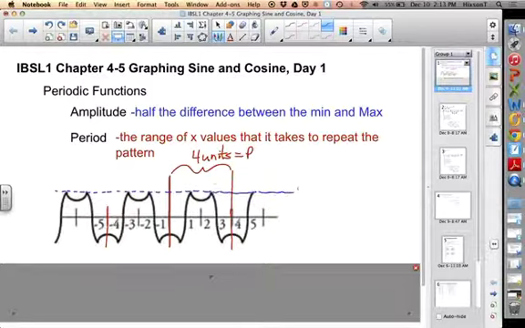And let's say that that's y equals 4 for the max. Okay, so that's our max. And then down here would be our min. Okay? Let's say that that's y equals -2 for our min.